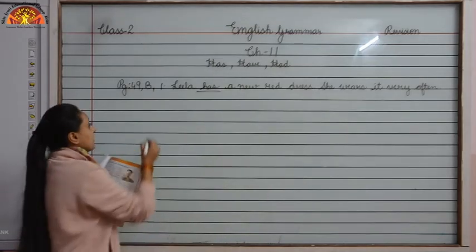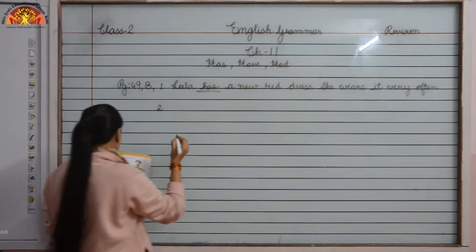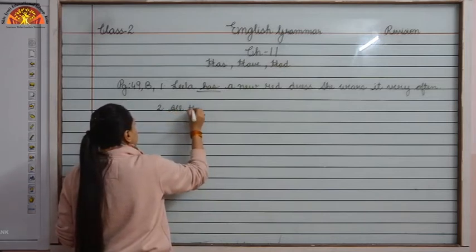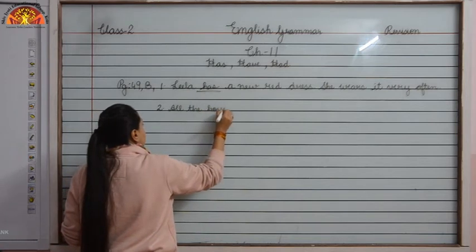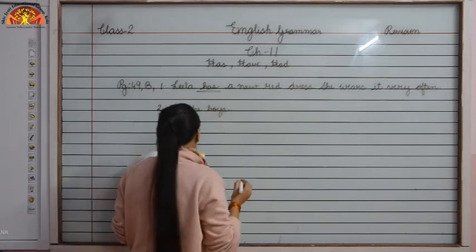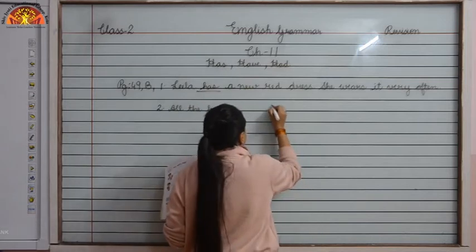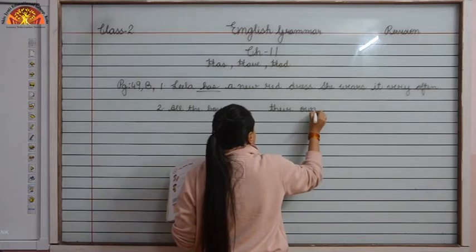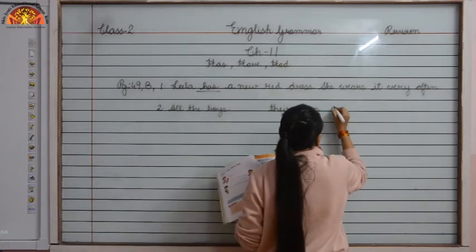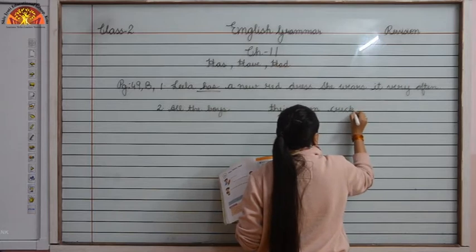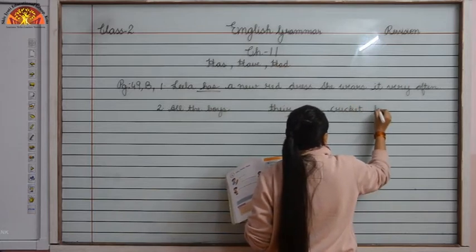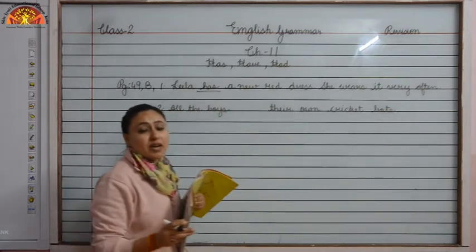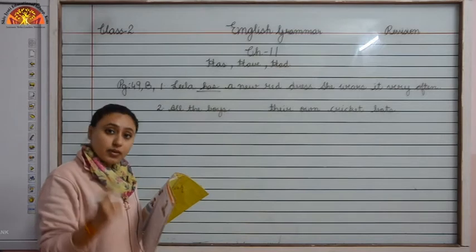Okay. Now look at number 2. All the boys dash their own cricket bats. Here in this sentence we are talking about all the boys, more than one boy.